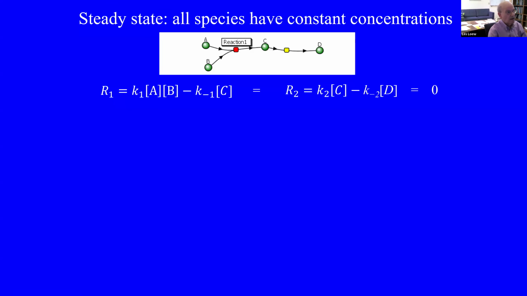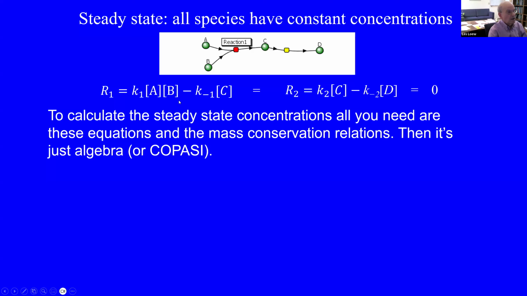All species have constant concentrations. To calculate the steady state concentrations, all you need are these equations showing the relationship of the rate constants, where the rates are all equal to 0, as well as the mass conservation relationships.